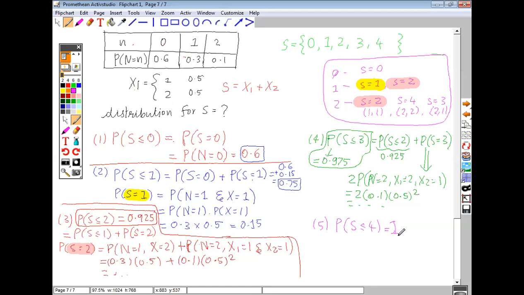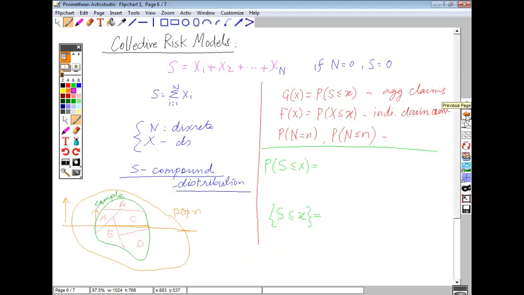Okay. So, now if we go back to see how can I write this set as? Is it okay with you guys if I write it as the union of all the cases for n, with my S being less than or equal to x and my capital N being equal to small n? Do you guys see what I have done there?